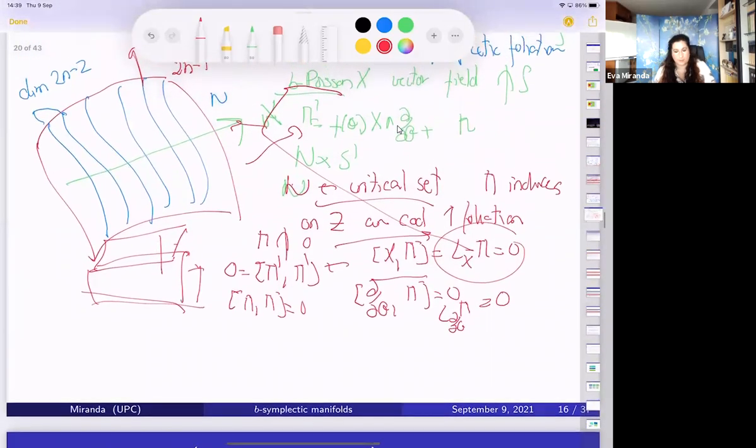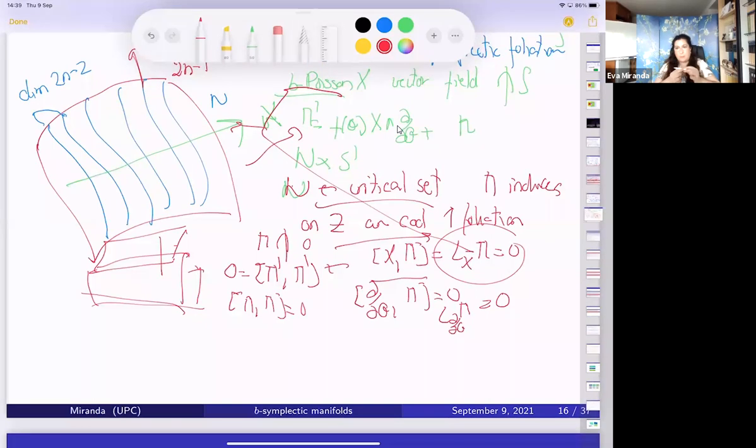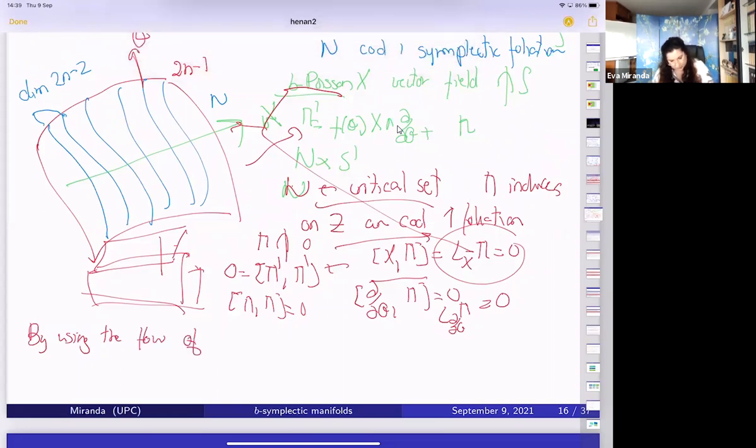It's a very particular type, because having this transverse Poisson vector field, in a way, if you use the flow of this transverse vector field, what you can do is transport by using the flow of the vector field X. You can prove that the critical set is always a mapping torus.